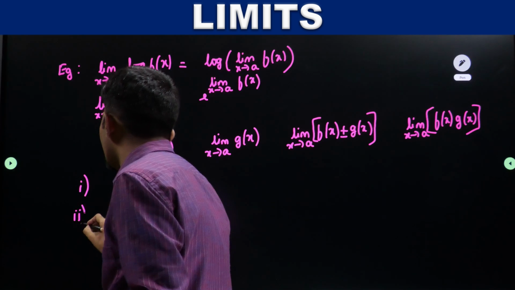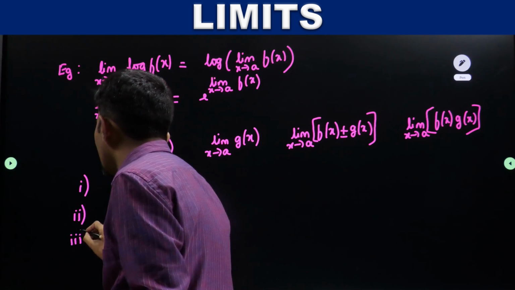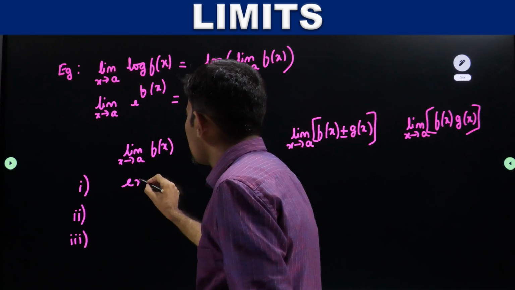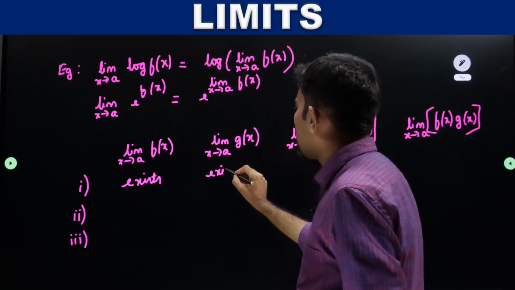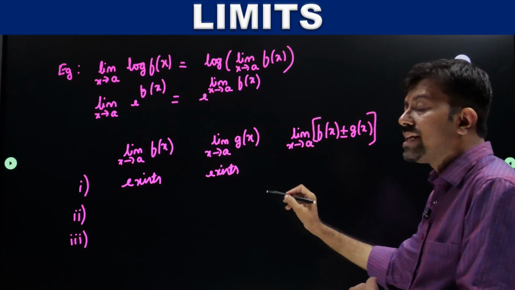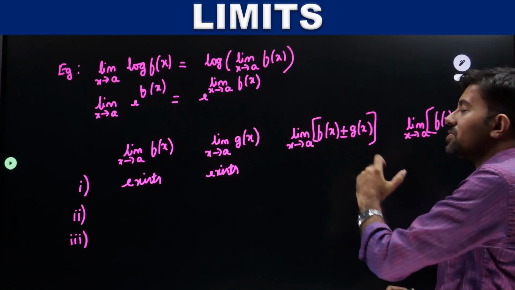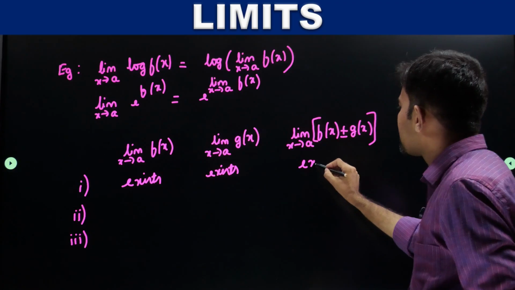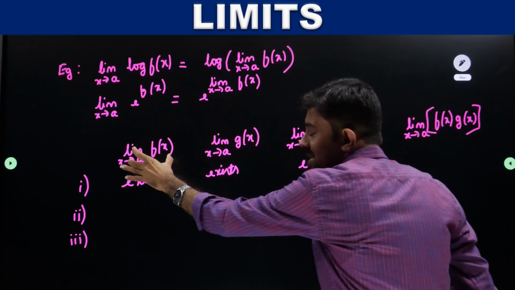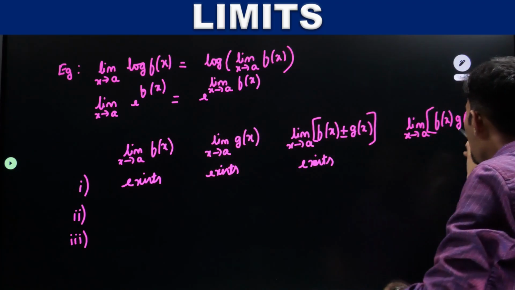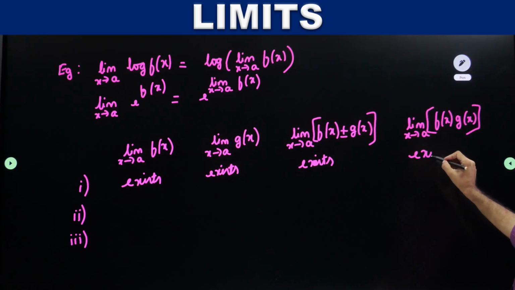Second one. Third one. Limit of f exists, limit of g exists, limit of both f and g exists. In that case, limit of sum or limit of difference exists. Both limits of f of x and g of x exist, and the product also exists.